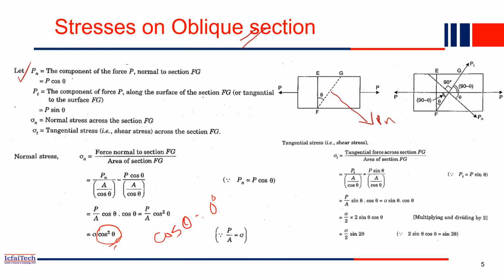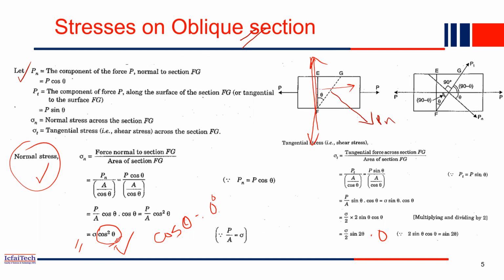So when the oblique plane is EF, you will have the maximum normal stress, and there won't be any shear stress because, in the shear stress equation, when theta is 0, sin theta is 0, so you will get 0. So the EF section is basically your principal plane where shear stress is 0 and the normal stress is maximum, that is sigma. In this plane, whatever normal stress is there, we call it principal stress.